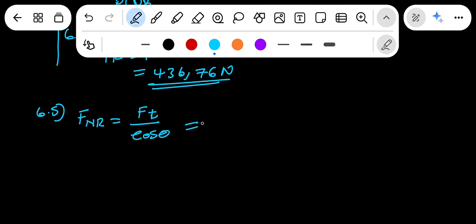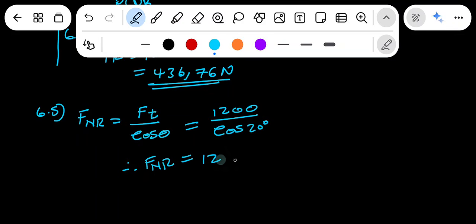Then we know that our tangential force was 1200, divided by cos 20 degrees as always. Then our normal reaction, or the normal force, will simply be 1277 Newton. That is what we'll have there.